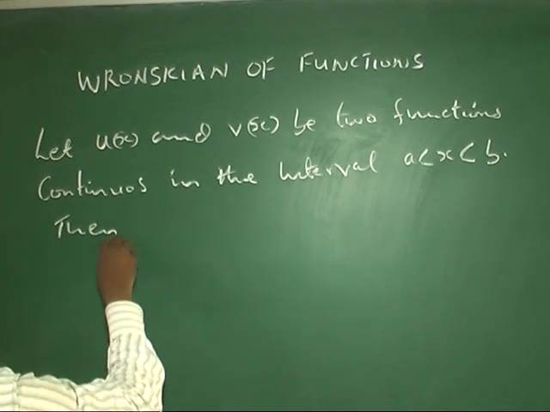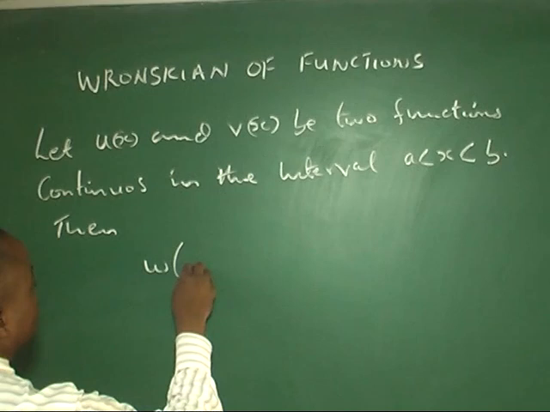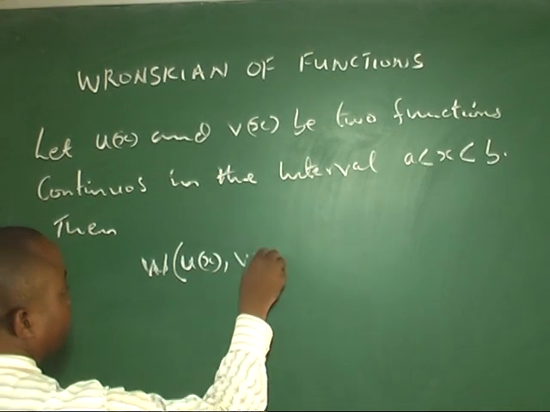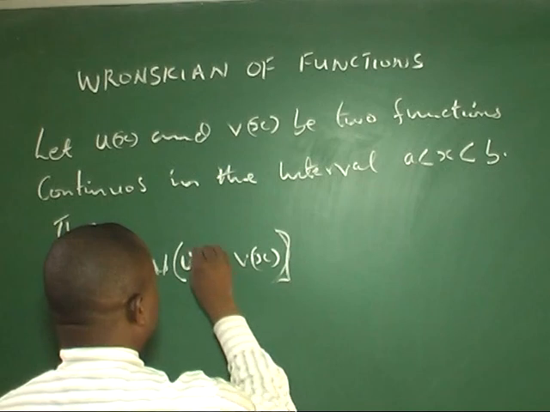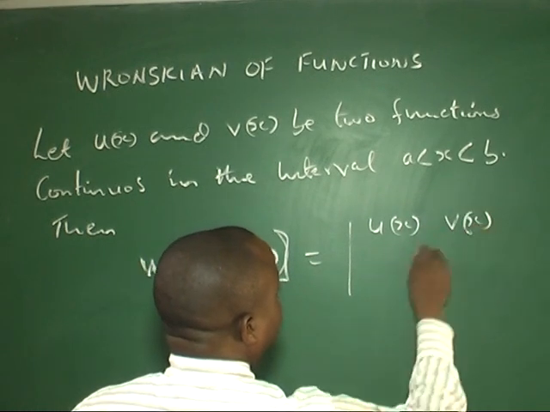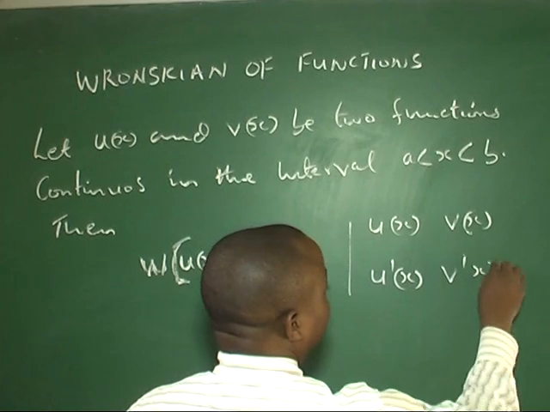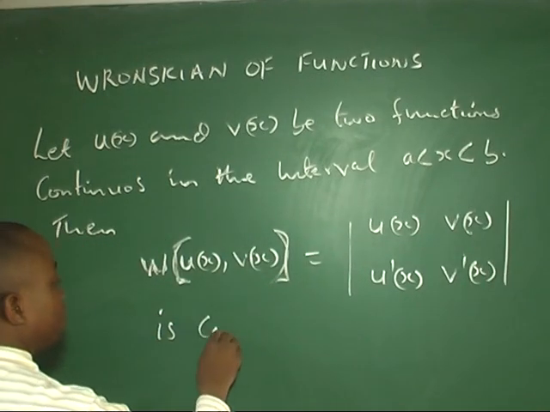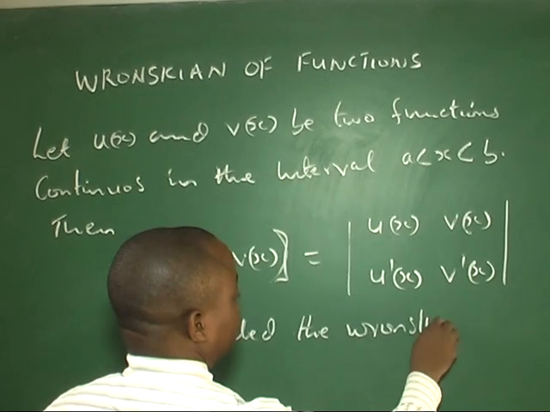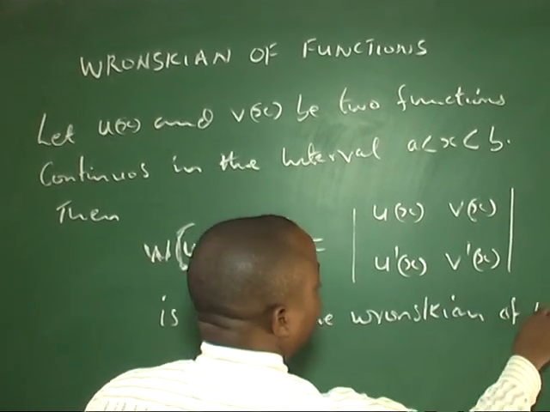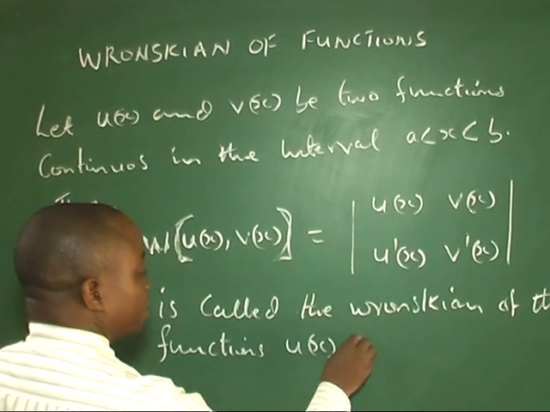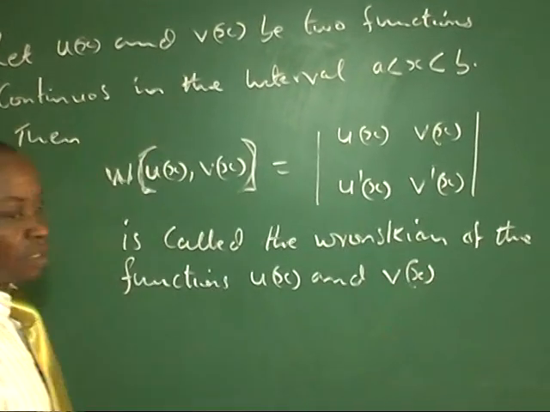Then the determinant of u of x, v of x, and u prime of x, v prime of x is called the Wronskian of the functions u of x and v of x.